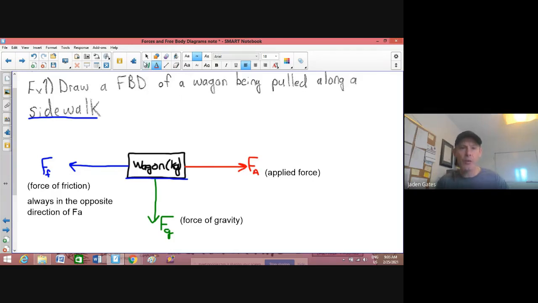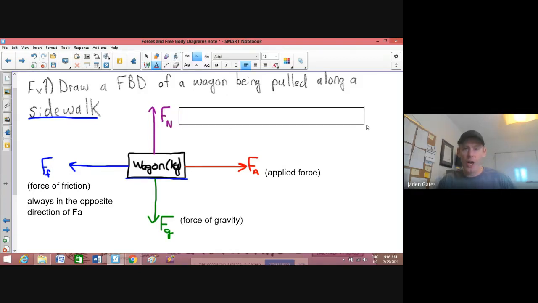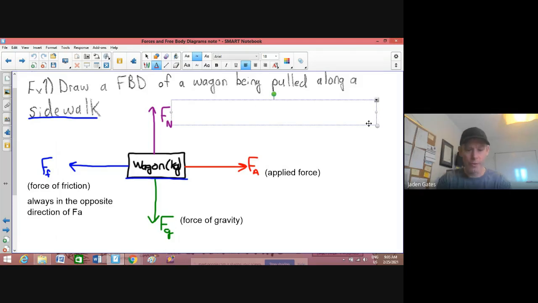Now, here's a secret other force. Again, we're going through some of these forces. Your wagon does not go flying into the ground because of the force of gravity. It is stabilized. And what happens is the ground pushes up on the wagon, believe it or not. And that force is called Fn. Now, the Fn is what's called our normal force.